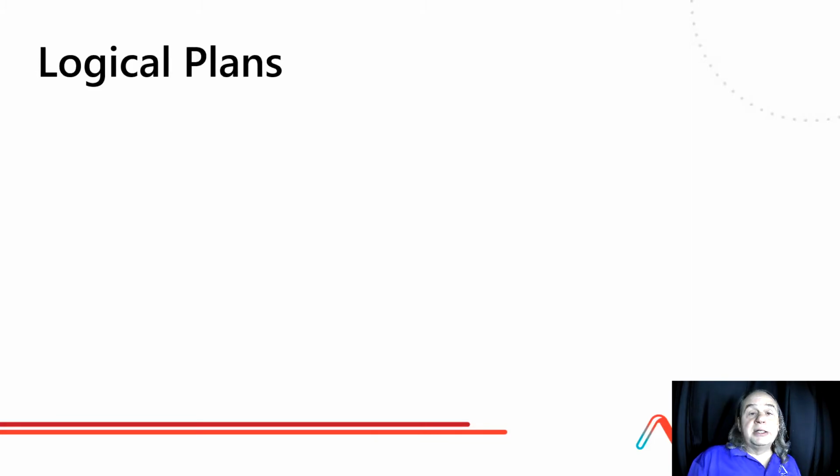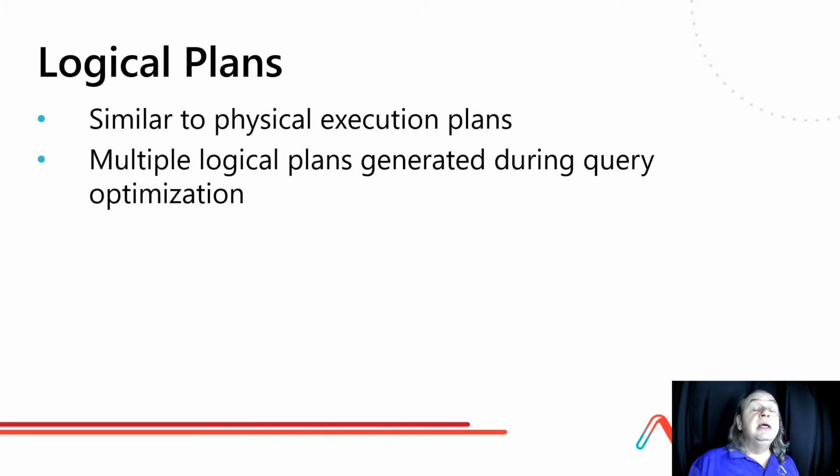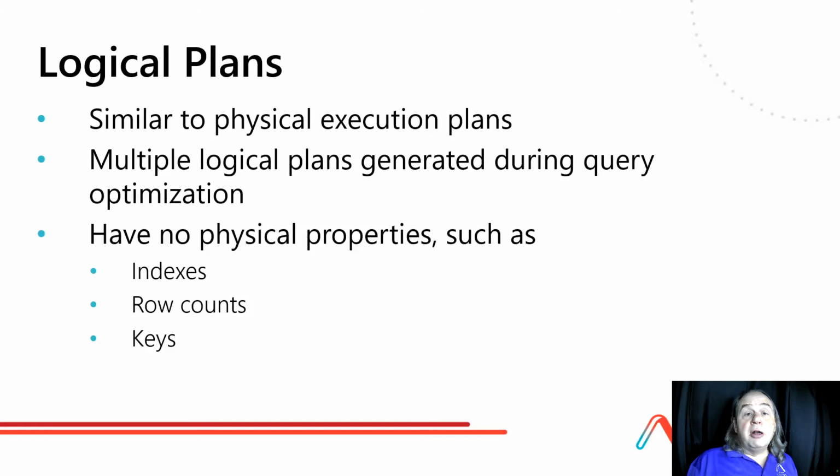So this gives us the concept of a logical plan. Now, a logical plan is somewhat similar to a physical plan. That is, it outlines the series of operators that get executed in order to come up with the correct answer. But there are no physical properties associated with a logical plan. So we have, for instance, no indexes, no cardinality, and at the very beginning we don't even have data types associated with the logical plan.